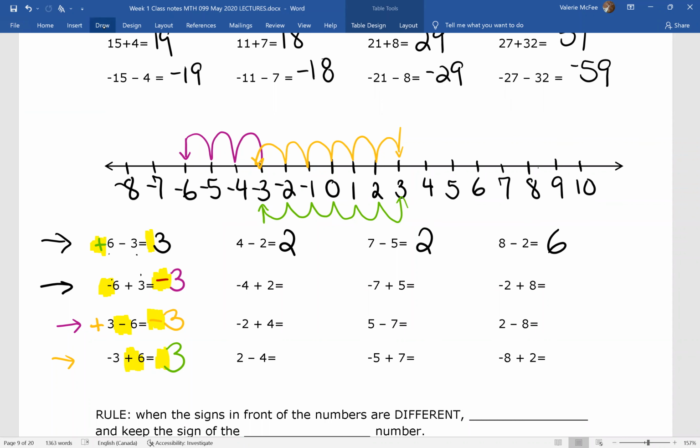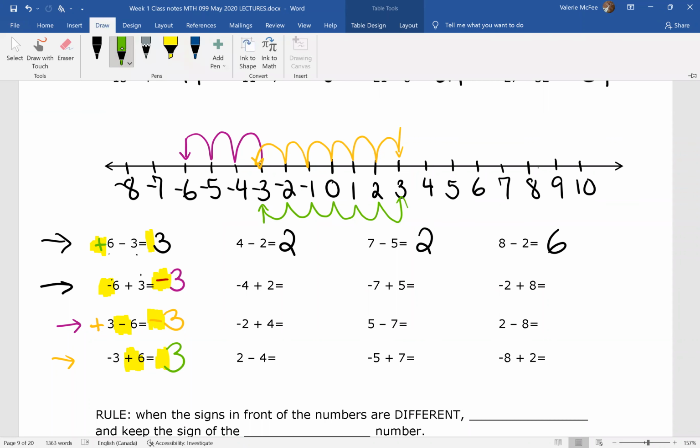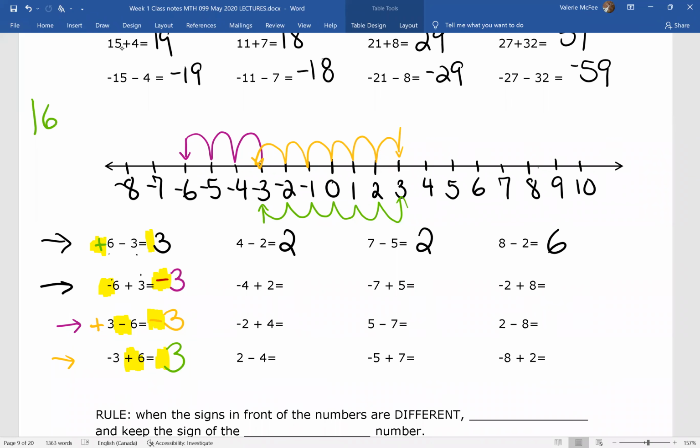Do you know about absolute value? The absolute value of a number describes its distance from 0. 6 is 6 units away from 0. The absolute value of -6 is also 6. -6 is 6 units from 0 in the other direction.